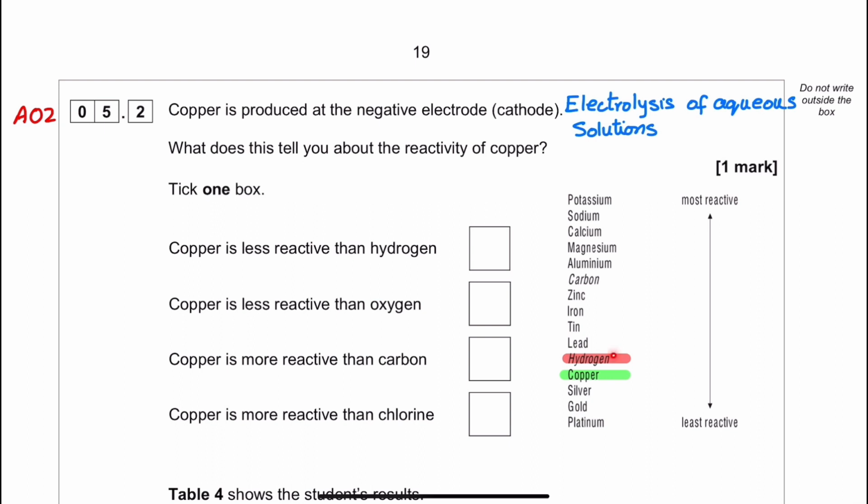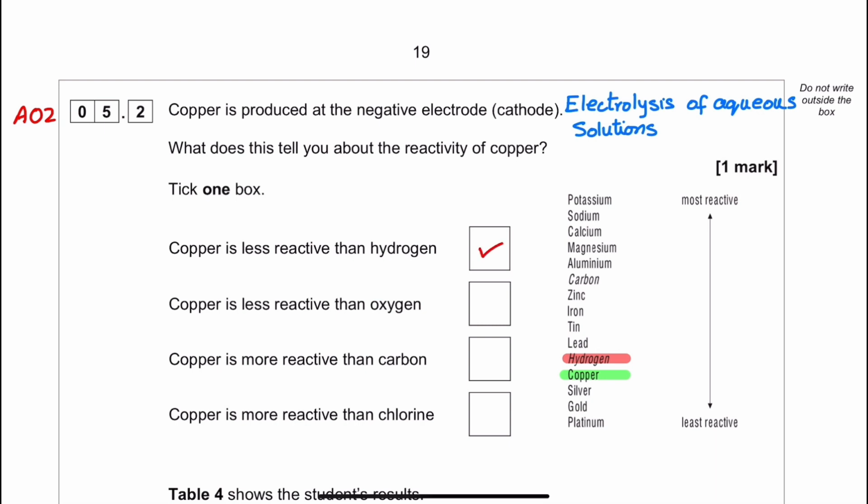Hydrogen is more reactive, copper is less reactive, so copper will go towards the cathode to gain the electron. So our correct option is: copper is less reactive than hydrogen.